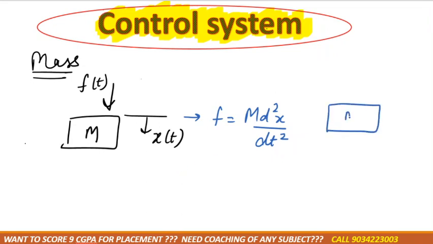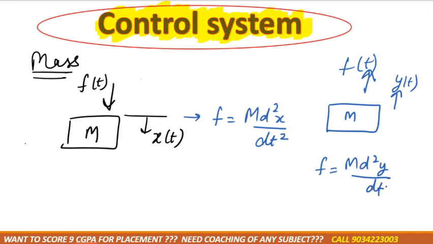If force is in the upward position and displacement is also in the upward position, then in that case F is equal to m into d2y by dt square, right? Note down this thing also.